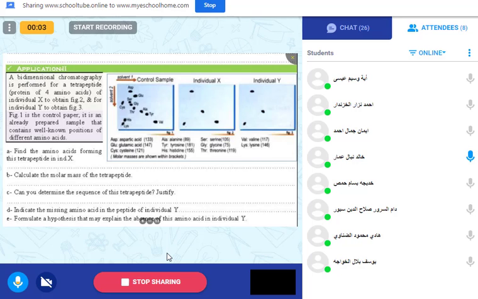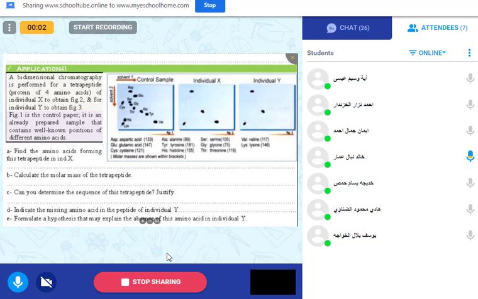For example, in the individual X paper, how many points do you have? 4 points. The first point from the top, can we know what this amino acid is? Aspartic acid, ASP. How did you know them?